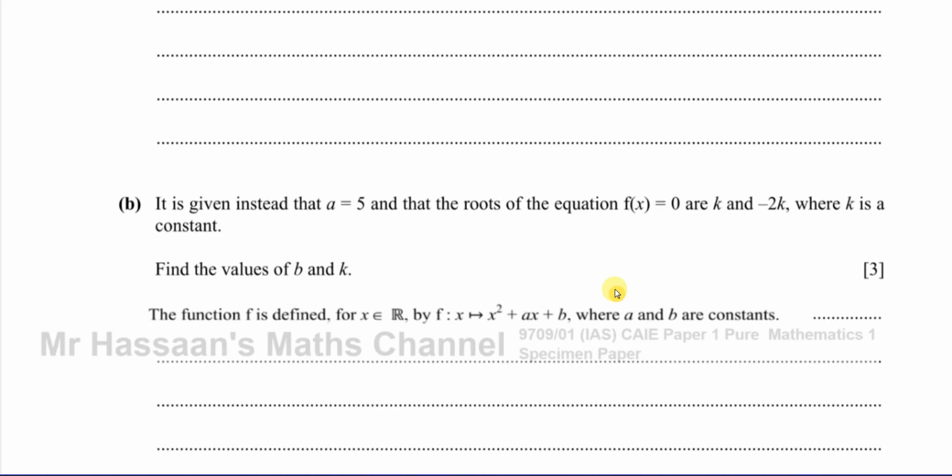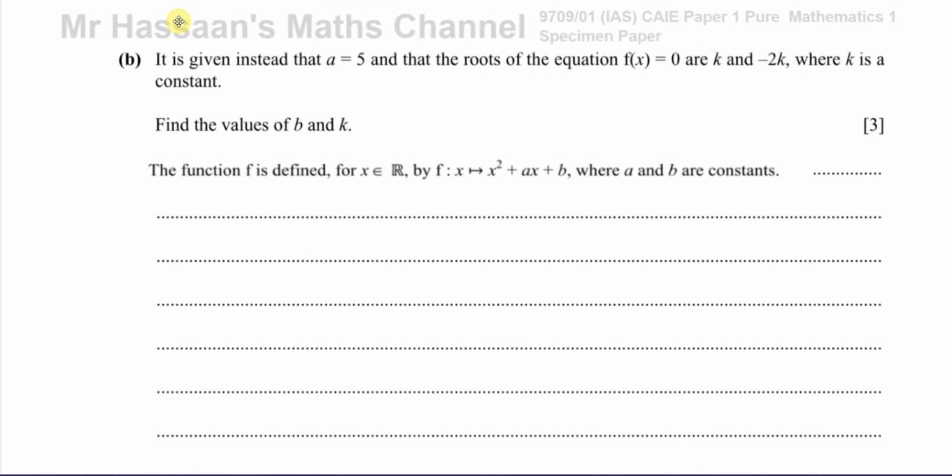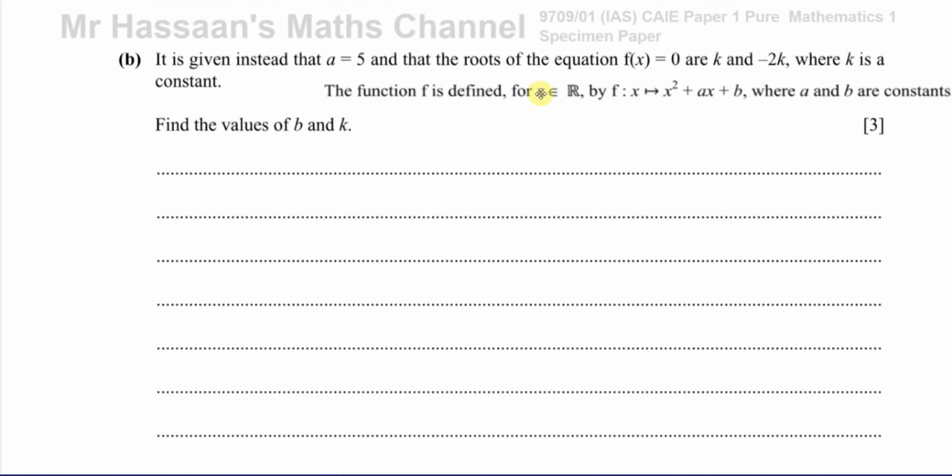Right, now for part B, it says it's given instead that a equals 5 and the roots of the equation f of x equals 0 are k and minus 2k. So we know now that a equals 5, and the roots of f of x equals 0 are k and minus 2k. So let's put that information in here.